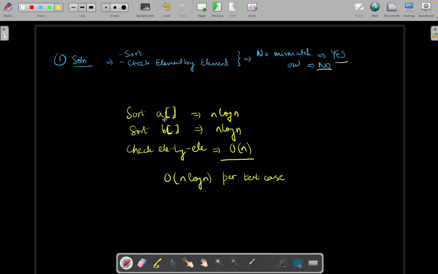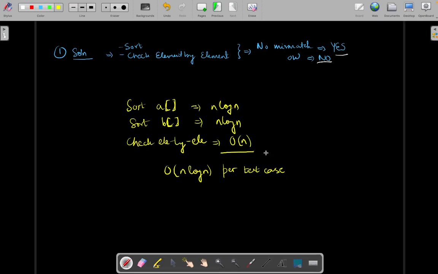We iterate on the indices 0 all the way through n minus 1, and we check if A[i] is equal to B[i] or not. And thereby we can say if they are permutations of each other or not. And it will cost us n log n per test case, right?